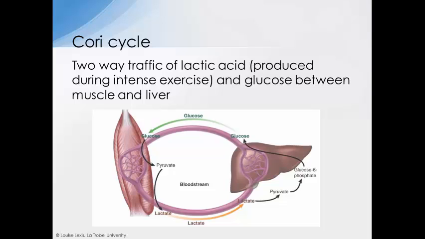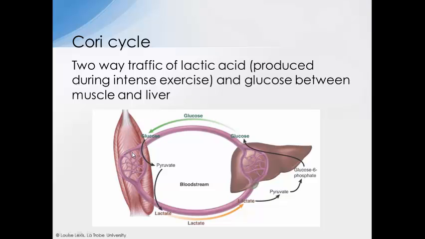So remember that during intense exercise, when the muscle's contracting, relying on anaerobic glycolysis with lactic acid being the end product. So remember, I took you through examples, say the 400-metre race or the 800-metre race. Because it's relying heavily on anaerobic glycolysis, there'll be a large amount of lactic acid produced.